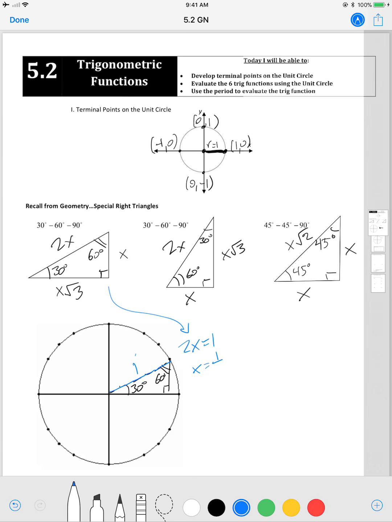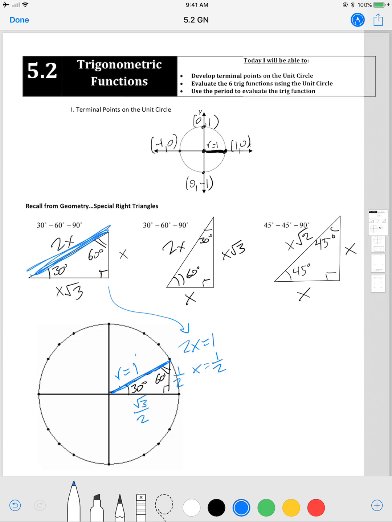So x equals 1/2. So we're matching the hypotenuse here with the radius here. All right. If x is 1/2, then that means this side is 1/2 and this side is 1/2 times the square root of 3. So we get these lengths of the sides of the 30, 60, 90 triangle.